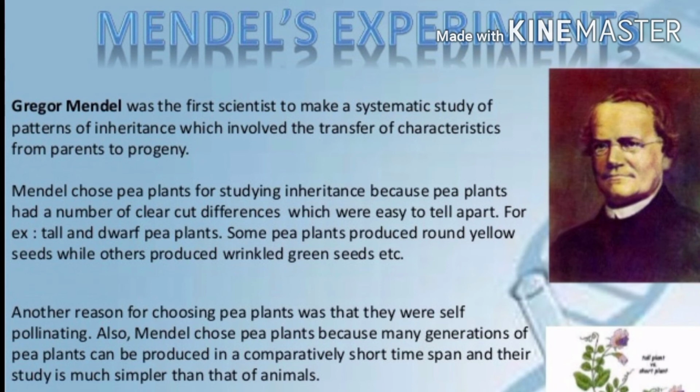Also, Mendel chose pea plant because many generations of pea plant can be produced in a comparatively short time span, and their study is much simpler than that of animals. It is also easy to recognize their different traits. Mendel's contribution was unique because of the use of clear cut variables and application of mathematics to the problem.